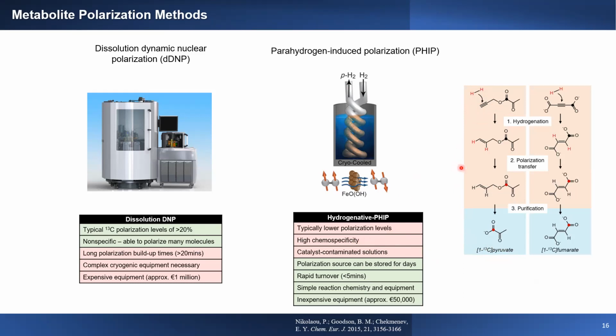But nevertheless, these routes have to be designed for each molecule that you want to polarize. And the solutions are contaminated. You need some way of purifying the molecule from the reaction solution. But it comes with some really big advantages. The turnover rate for these experiments is just minutes because it's just a chemical reaction. And the equipment is simple and inexpensive.